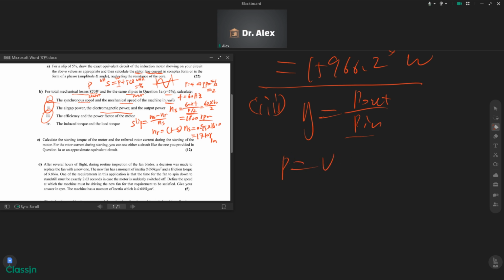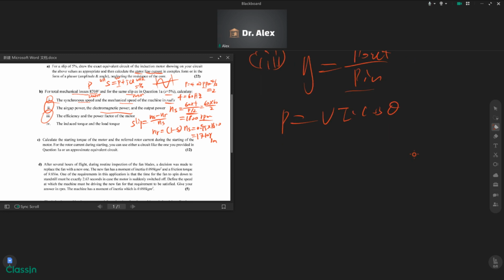V times I cosine theta, right? We get the I expression I1, which is 30.99 with this angle. We already got it in the first question, and we already have the phase voltage, which is 400 divided by square root of 3 volts.